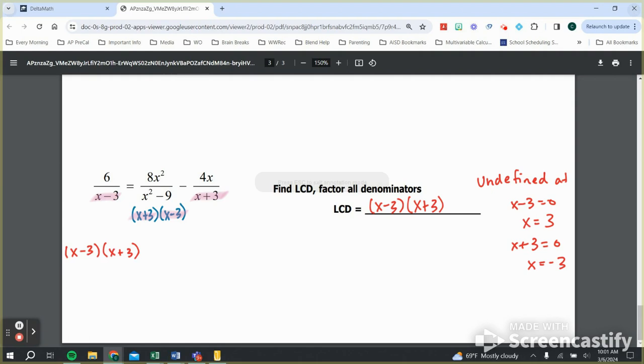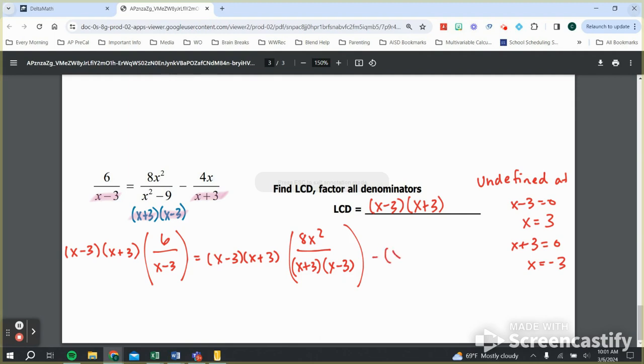So x minus 3 times x plus 3 times 6 over x minus 3 is equal to x minus 3 times x plus 3 times 8x squared over x plus 3 x minus 3, minus x minus 3 times x plus 3 times 4x over x plus 3.